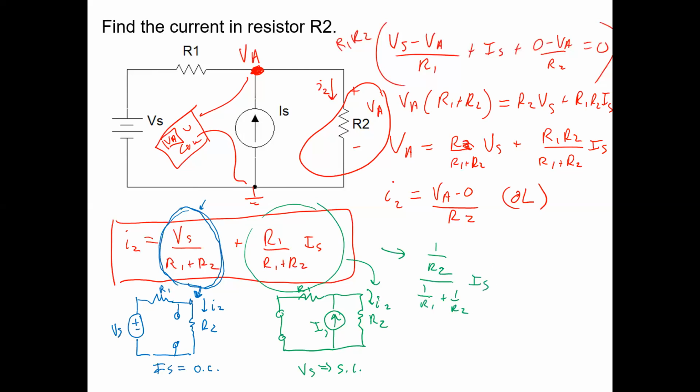That's the G2 over G1 plus G2 formula, which devolves. These are actually the same thing, just using some algebraic manipulation. In fact, if you multiply the numerator and the denominator by R1 plus R2, you're going to get the same thing.